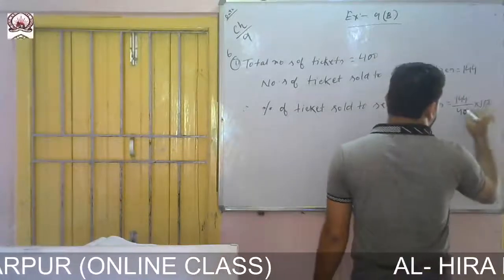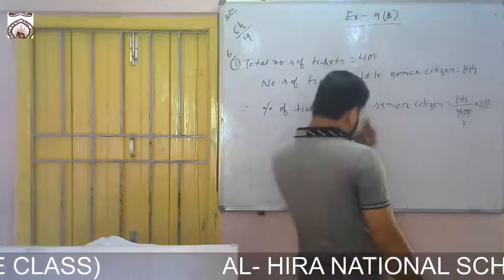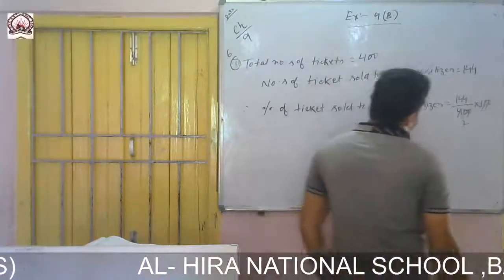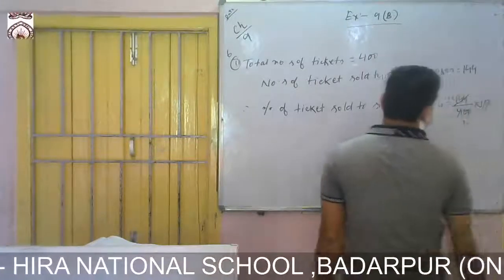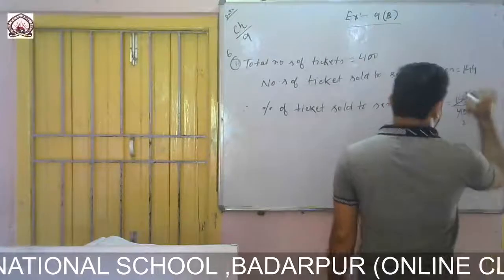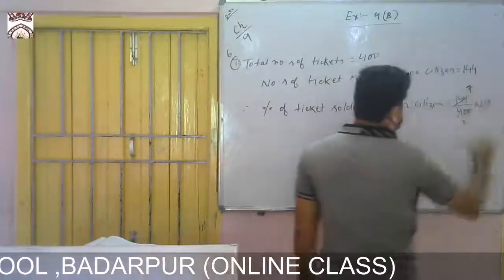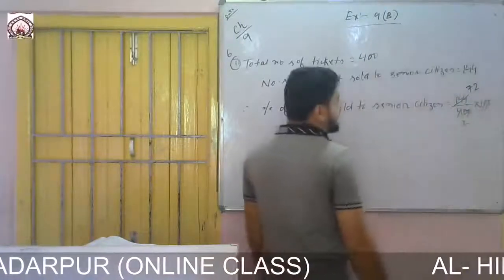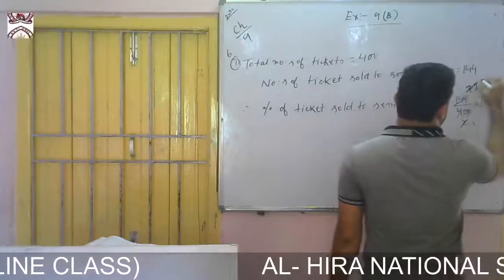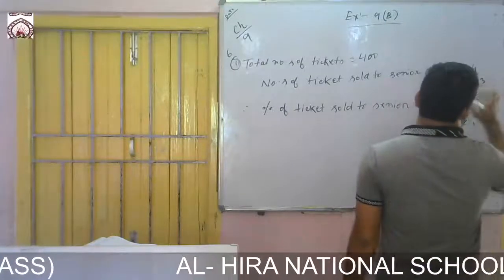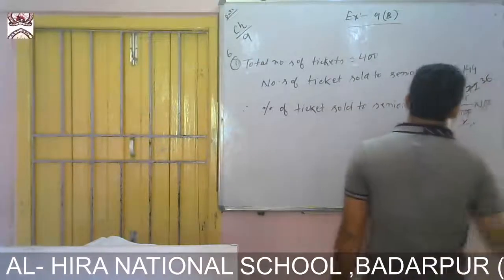So cancel the 2 zeros. Then 2 2s are 4. Cancel with 2, then 2 2s are 4. Here 7 2s are 14. And 2 2s are 4. Again with 2, 2 1s are 2, 2 3s are 6. 6 remain 1. 2 6s are 12. So 36%.